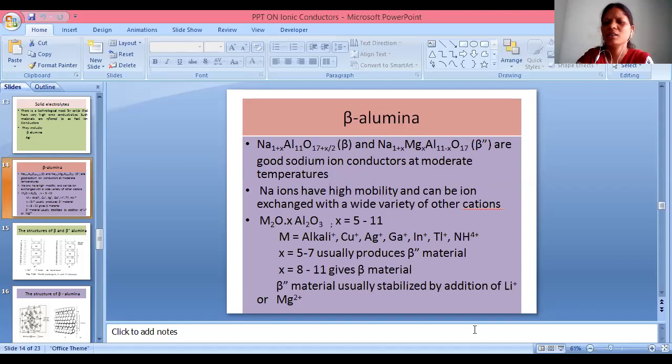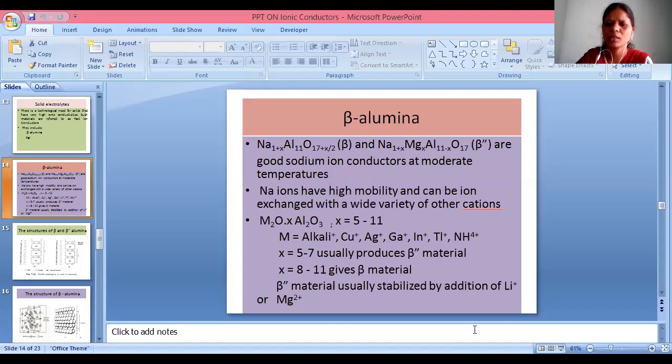Generally, beta alumina can be written as M2O·xAl2O3, where M is the metal, maybe sodium or some other, and the x value lies between 5 and 11. M is only alkali metals or copper, Ag+, gallium, indium, thallium and ammonium NH4+.